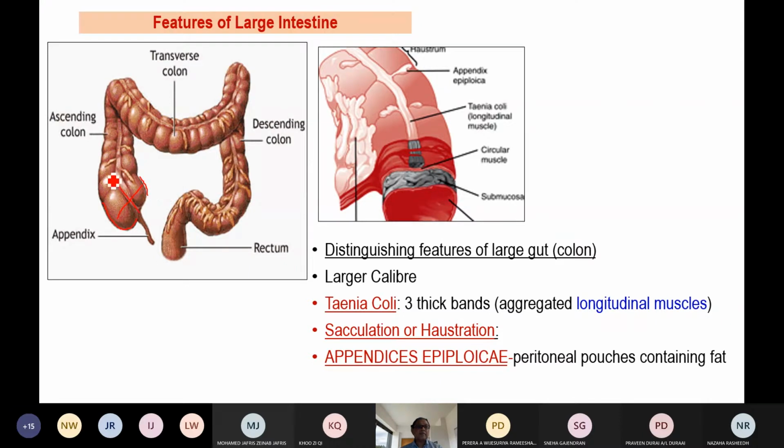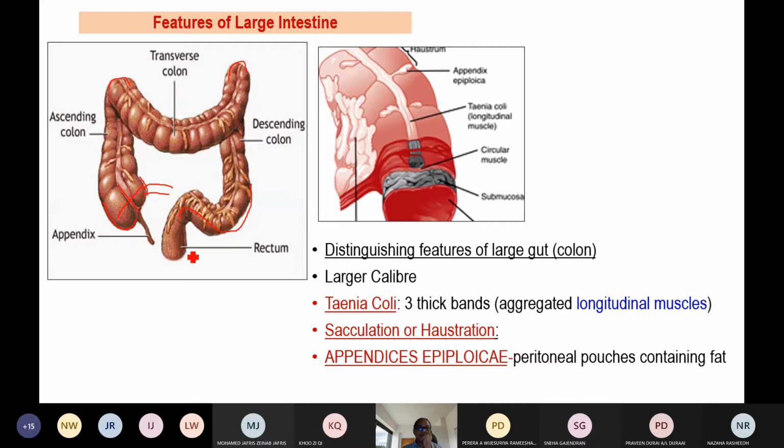And then goes the ascending colon. Here the appendix is hanging. Somewhere here the ileum will join. Then the right colic flexure is over here, transverse colon, left colic flexure over here, descending colon. This part is the sigmoid colon and it continues with the rectum and anal canal.